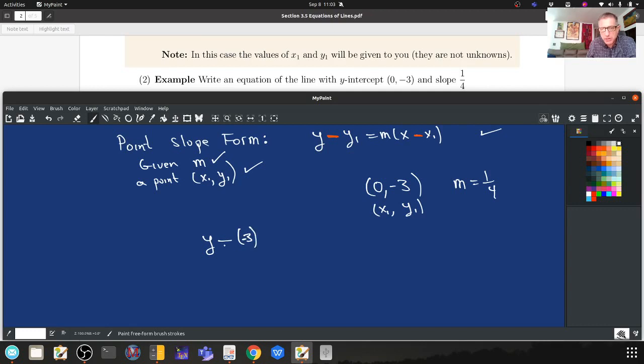It doesn't get to use the minus that's already there. My slope is given as 1/4, and then my x is free, minus x1, which is 0. So we can simplify this. This becomes y plus 3 is equal to 1/4 times x. And that's it, you're done. I have a lot of students go ahead and solve for y, but listen, if you solve for y, what are you going to get? You're going to leave the point-slope form of your line and get the y-intercept form.